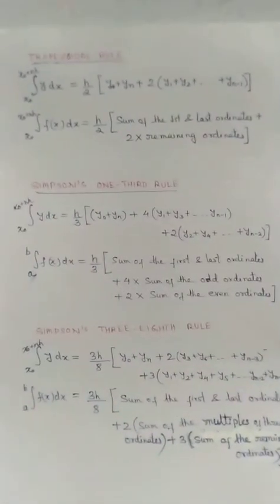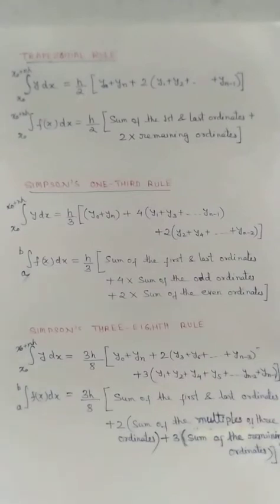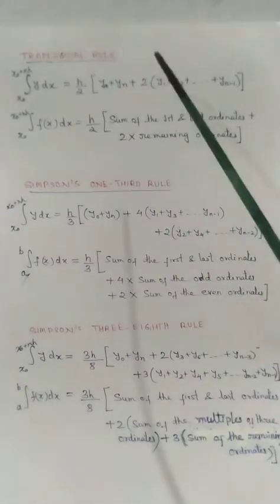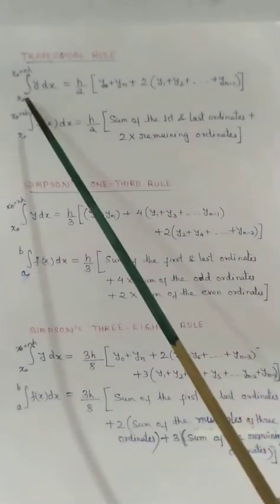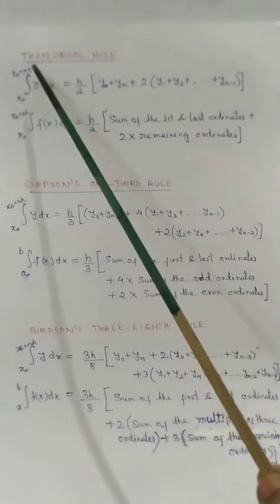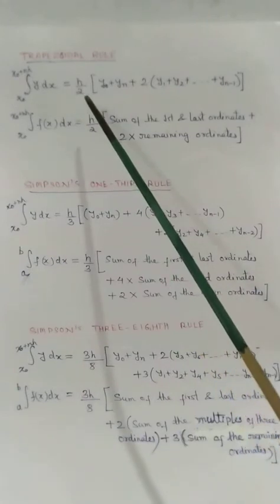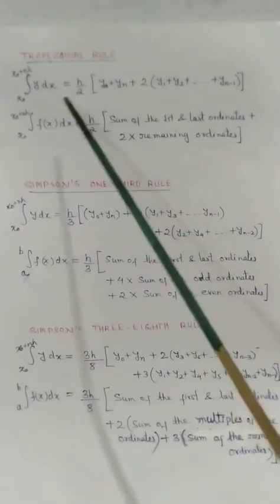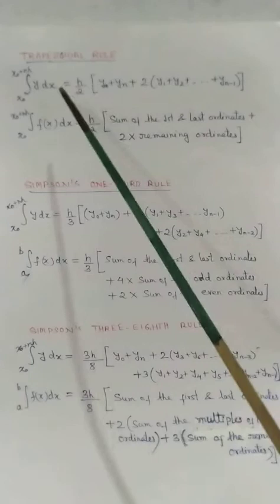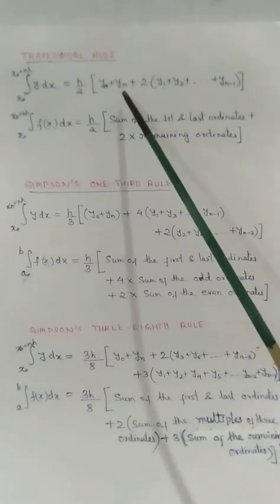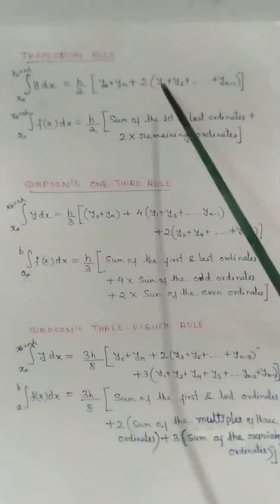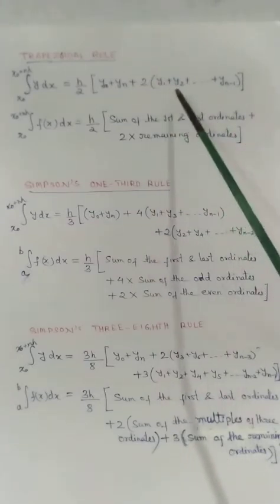So here are the formulas which we get. Derivation is not in your syllabus, so directly I am giving the trapezoidal rule. This is the trapezoidal rule: the integral of y dx from x0 to x0 + nh is equal to h/2 times the first and last ordinates y0 + yn, plus 2 into the remaining ordinates.